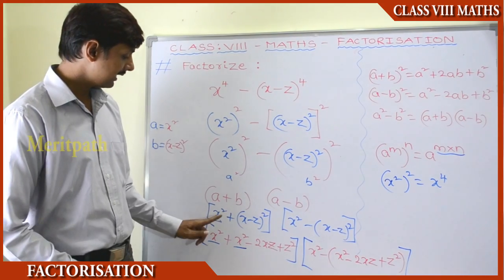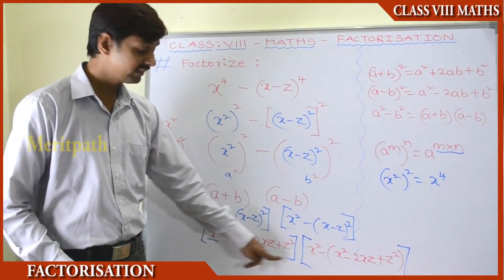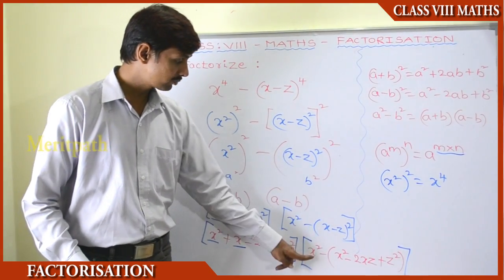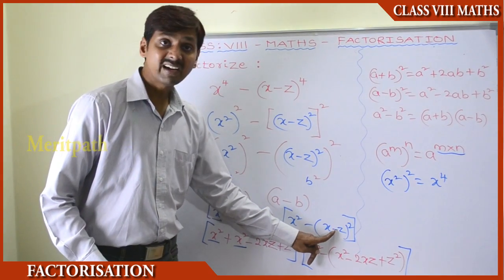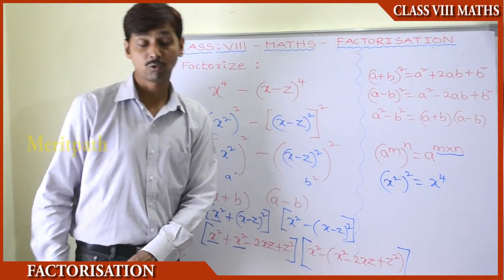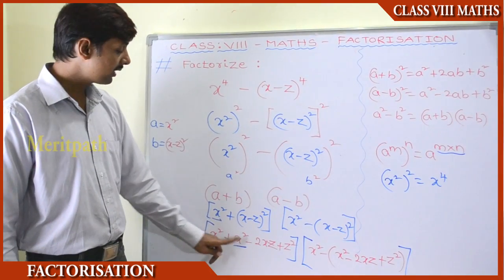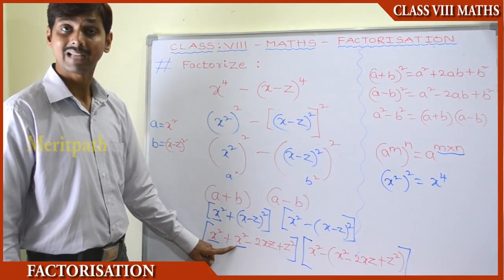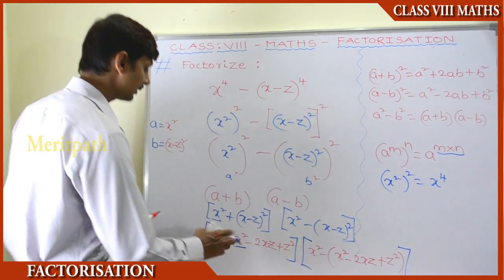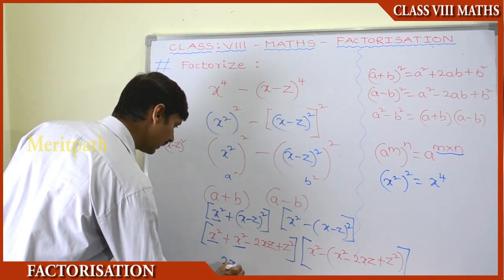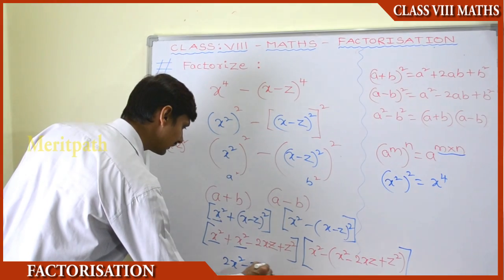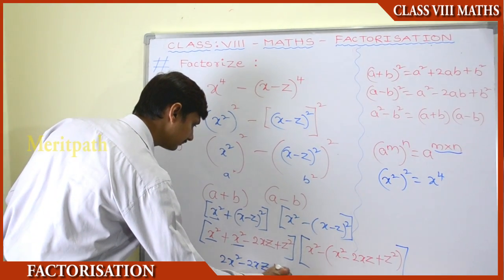Let's recall x square and x minus z whole square. We simplify, we got this one. So let's see here, there are the terms of x square. So x square and x square, the like terms, we can add these two terms, and we will be getting 2x square minus 2xz plus z square.